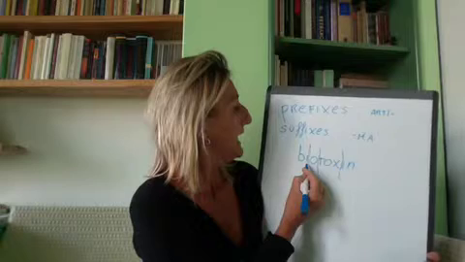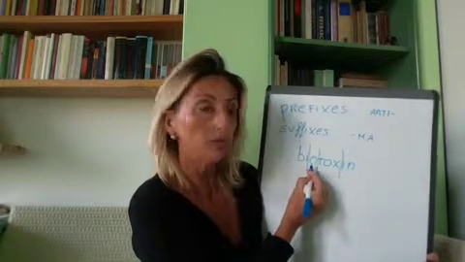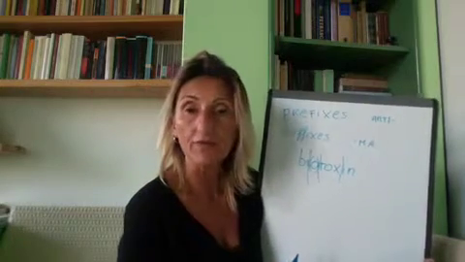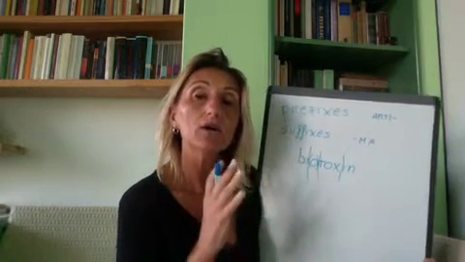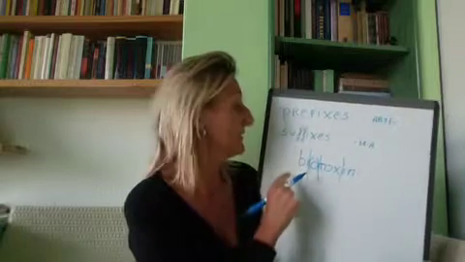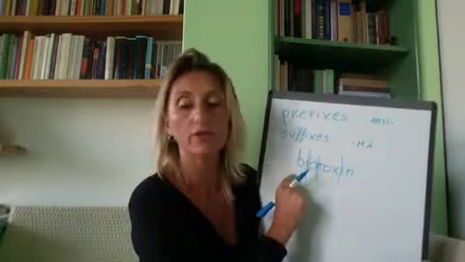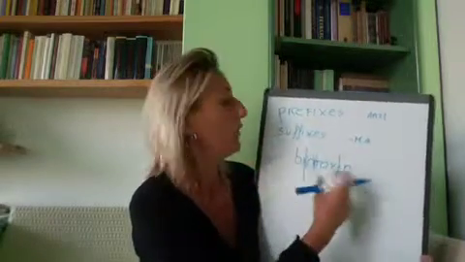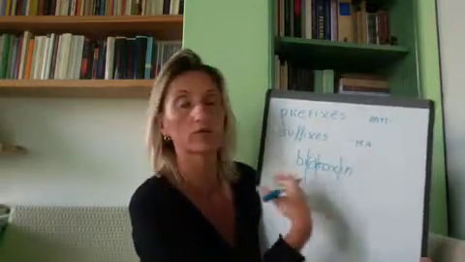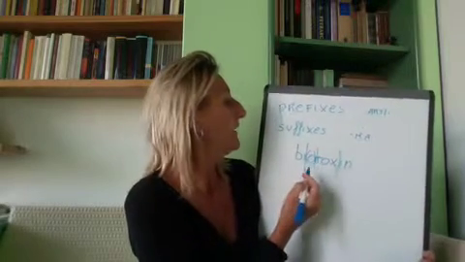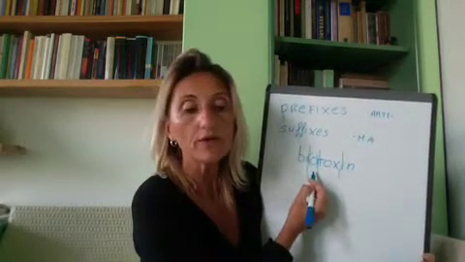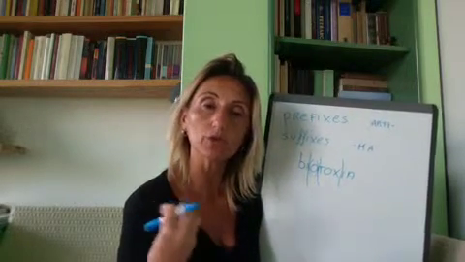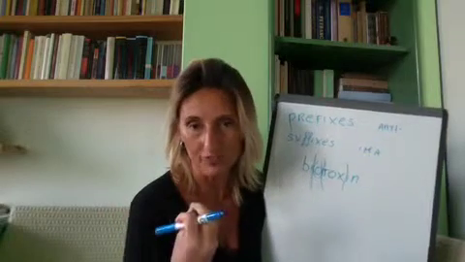Now, the O, I want you to put it in parentheses because when you find a vowel that is not part either of the vocabulary of the combining form or of the prefix or of the suffix, in this case this is a word without prefix, the vowel O is a combining vowel, meaning a vowel that is there only in order to create a pronounceable English word.